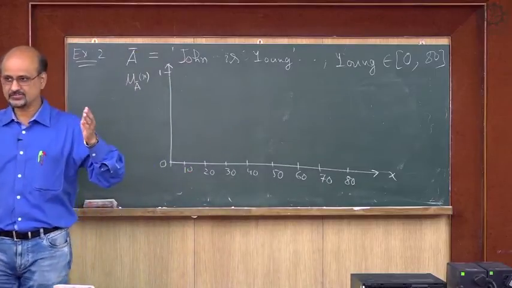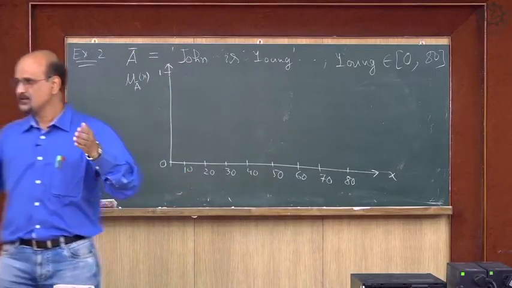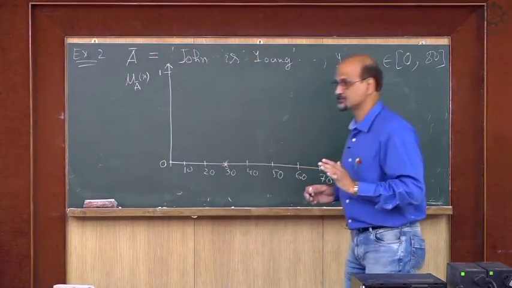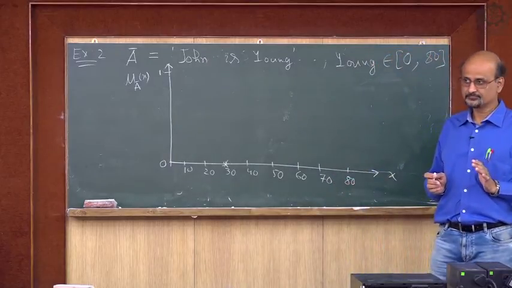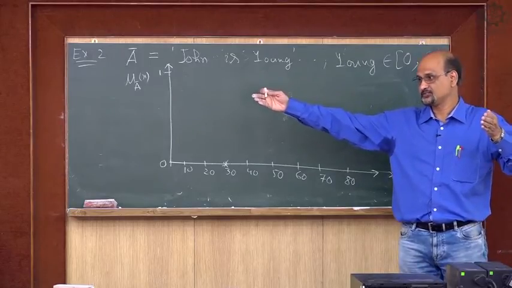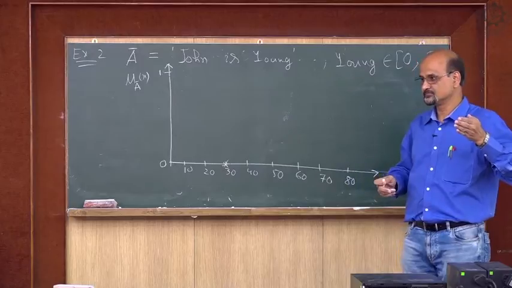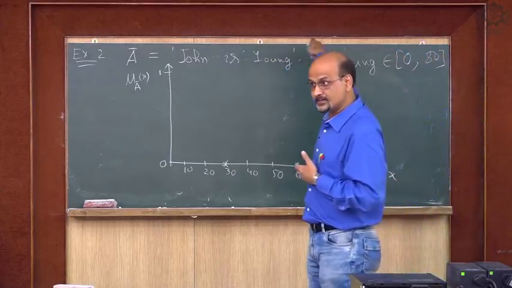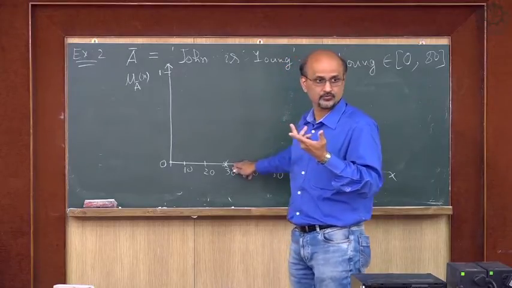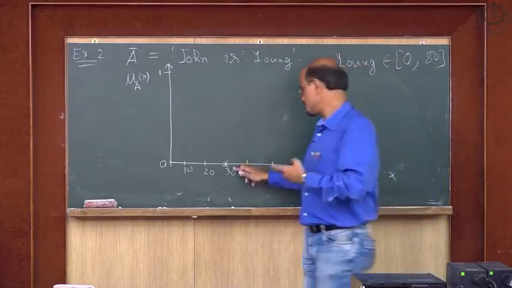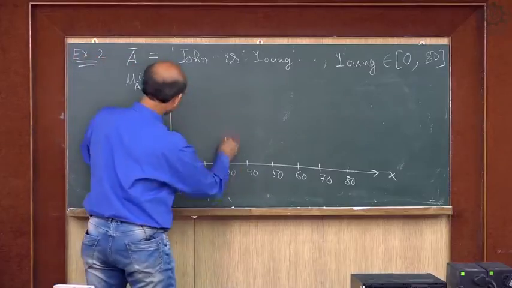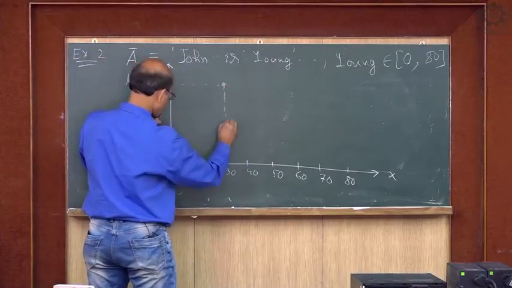See, the range from 0 to 80 I am considering as young. So, suppose I take 30 years old, because you are taking 0 to 80 as young, 30 should be very young in that range, so it should be near 0.9 for this range 0 to 80.